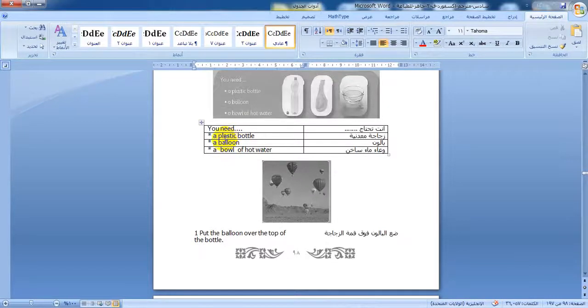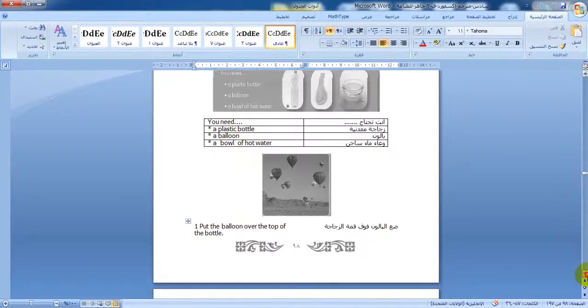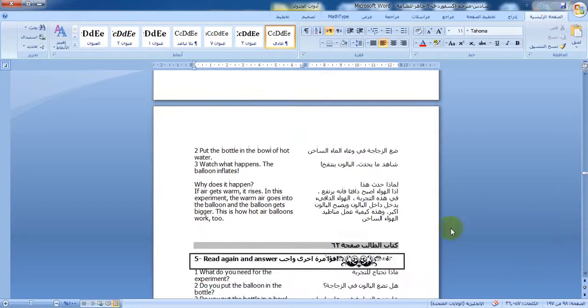You need a plastic bottle, a balloon, and a bowl of hot water. 1. Put the balloon over the top of the bottle. 2. Put the bottle in the bowl of hot water. 3. Watch what happens.